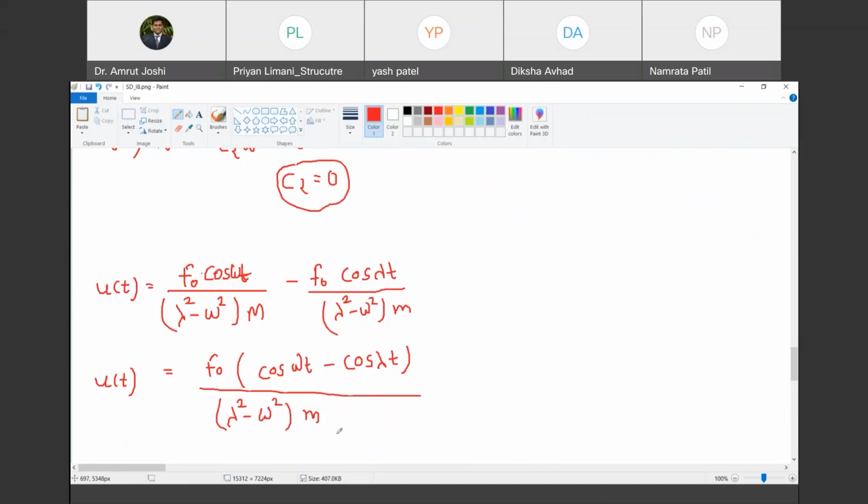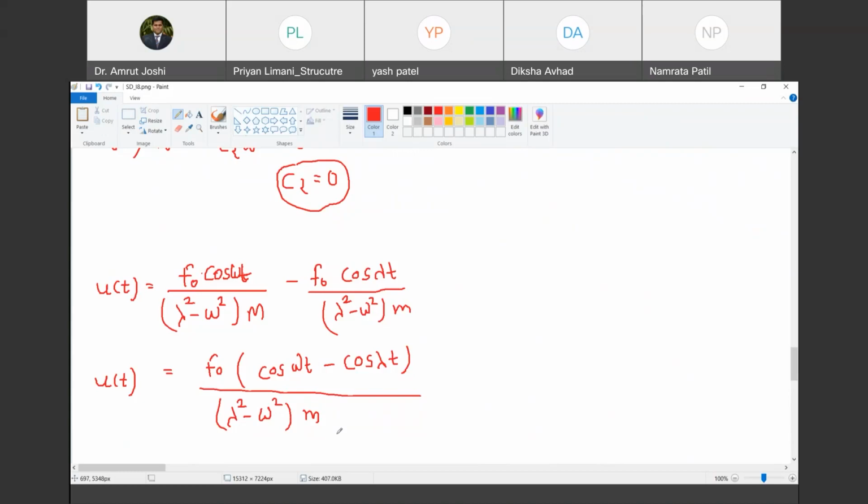But why we should define anything separately or respond separately for a case where omega approaches lambda or lambda approaches omega will be clear from this response. See, for all other relative values of omega and lambda, where omega is not equal to lambda, this response is finite at all instances of time. Do you agree with me? Because omega doesn't approach lambda, numerator is also some number, denominator is also some number.